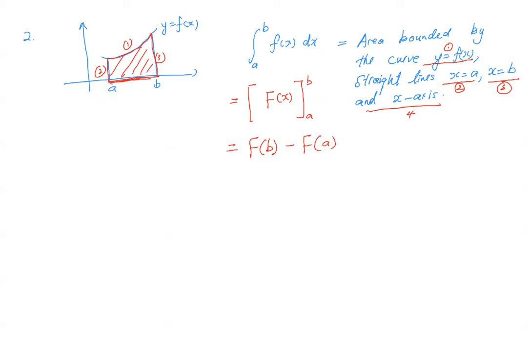And we can use the overestimate and underestimate, and as the number of rectangles approaches infinity, it will approach the definite integral, and that will give you the exact area bounded by the curve.